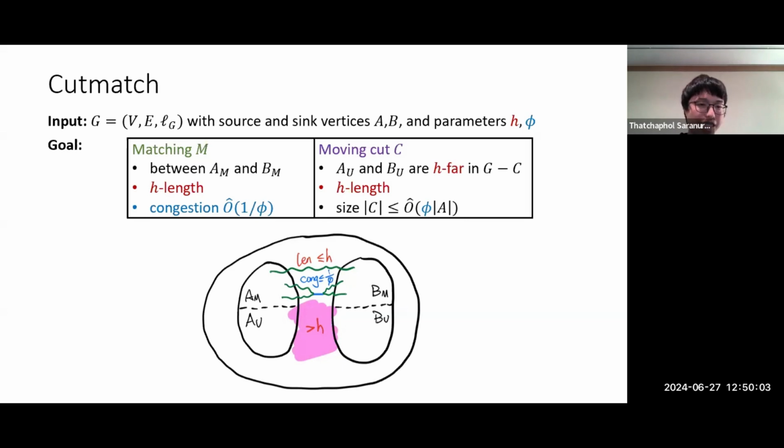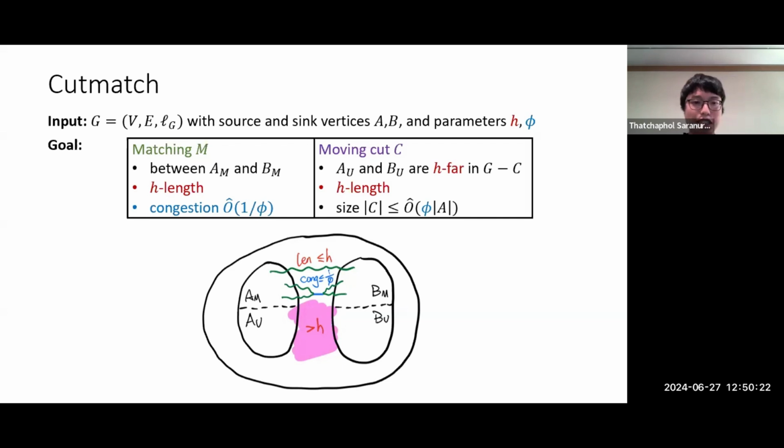Each matched pair can be embedded into the original graph G with an embedding path of length h, and the embedding should have congestion 1 over phi. These green paths are the embedding of the matching.